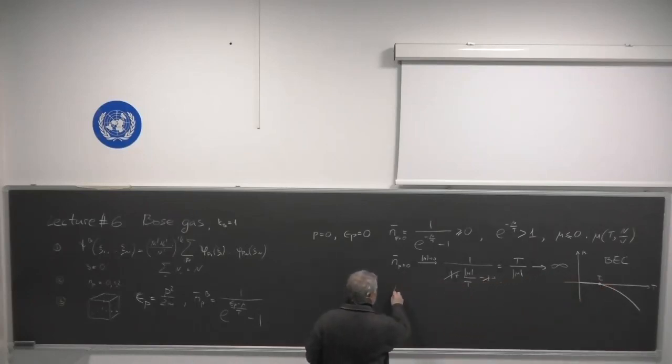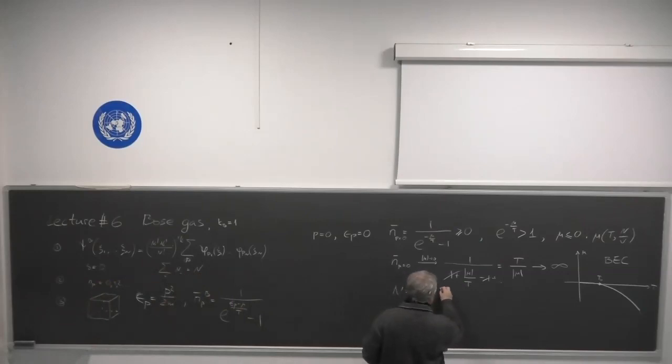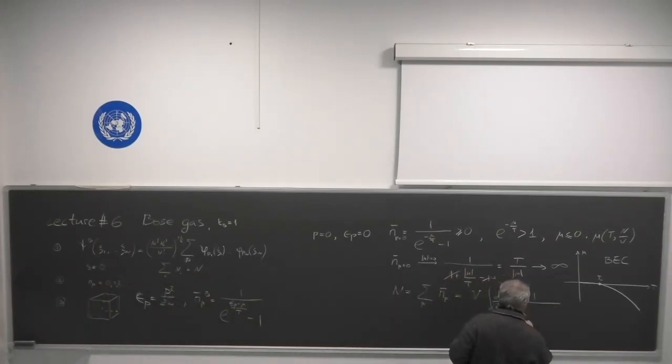As I said, the total number of particles in the system is the sum over p. Again, you remember that I'm talking about a state characterized by 0 spin. There is no degeneracy factor, and here n p bar. As usual, I will replace it by the volume integral dp over 2 pi, and here we have a Bose distribution function: e to the power epsilon plus modulus mu, because the chemical potential is negative, divided by temperature minus 1.